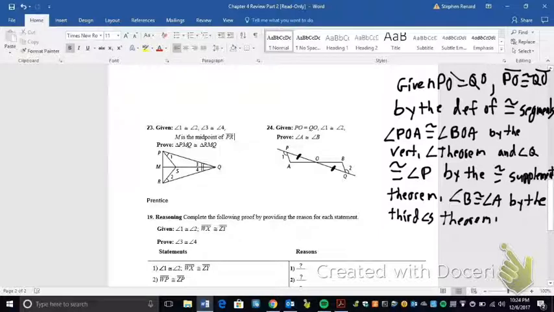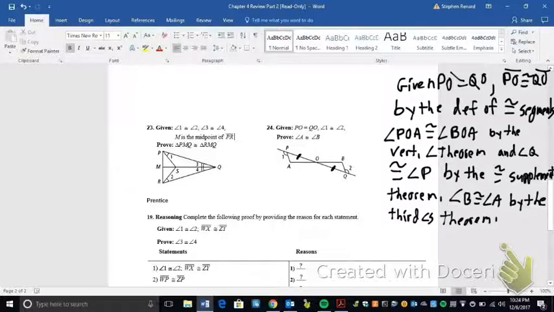But there's an easier way, in my opinion, to do it. We already know that angle O, those two center angles, are vertical angles. We were just able to show that because 1 and 2 are congruent, P and Q are congruent, and that gives us that A and B are congruent by the third angles theorem.